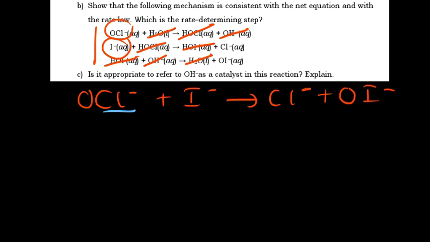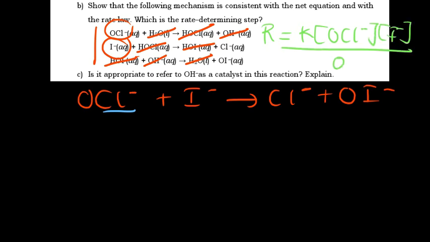What was our rate law, if you saw from the previous question? Our rate law was K, OCl negative, iodide, and then of course hydroxide. So we can see that both reactants that have come up are part of the rate law, which proves this to be correct. Okay, so it's not always necessary that all the reactants are in the rate law.